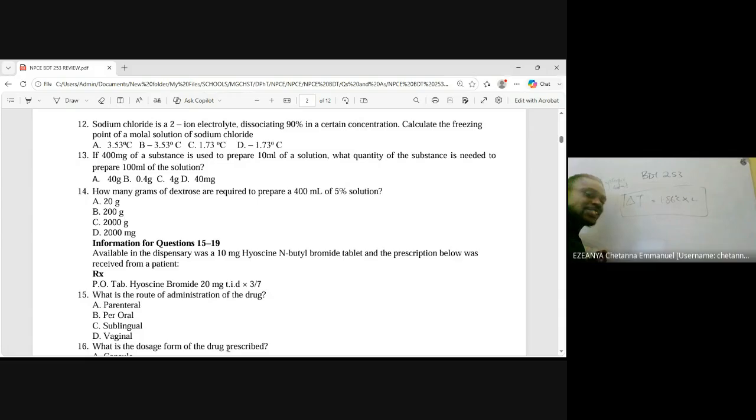Let's assume the substance in question is boric acid. The I factor there is 1. So the freezing point is minus 1.86 times I.